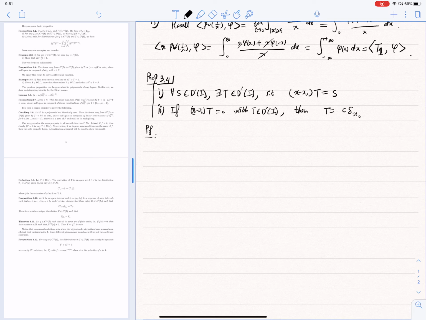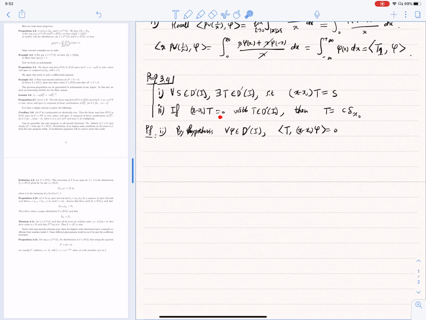Let's first show the second point. All right. By hypothesis, for any test function phi, we have T applied to (x minus x naught) phi equals 0.